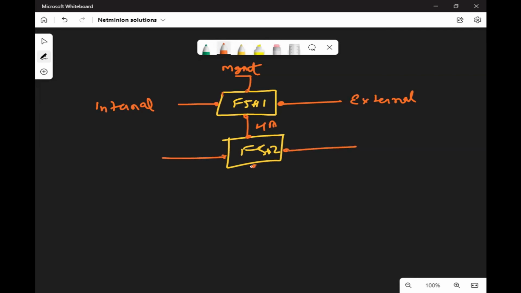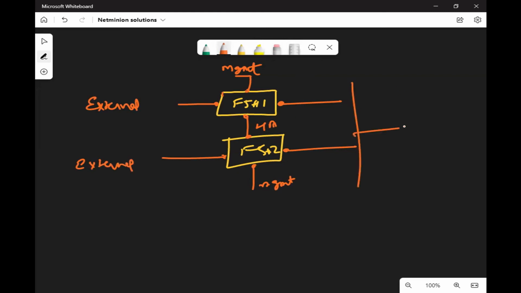Similarly here also: management, internal, let me take external this side, and let me create servers this side. Let me make internal this side.